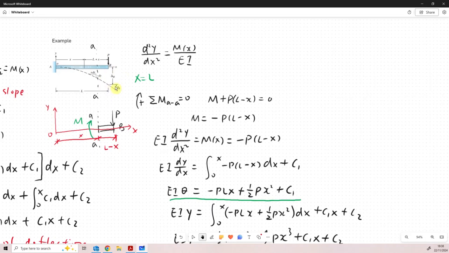Makes sense. Also, this rotation is negative. Going up in this direction is positive, so this one is negative. Theta B is negative.